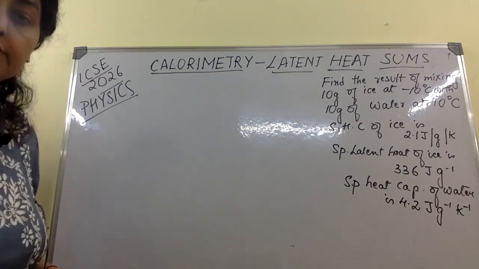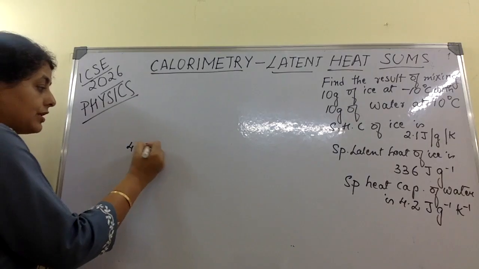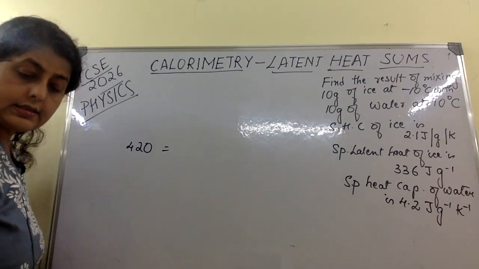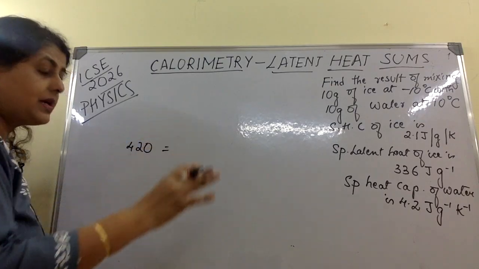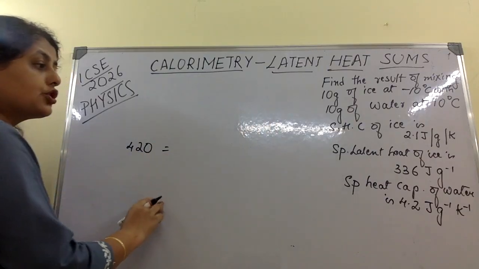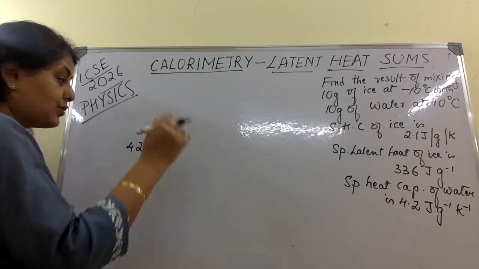Here we have to understand that the heat lost by the water is 420, and how much heat is gained by the ice which is at minus 10 degree. So first we will show how much it takes for the full ice chunk to come to 0 degree.